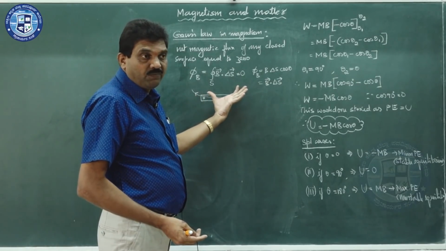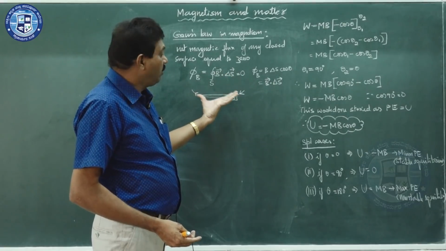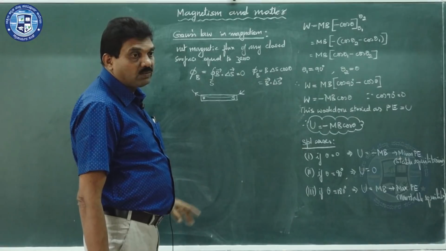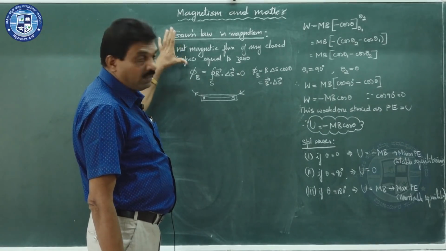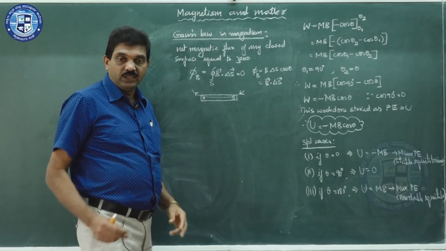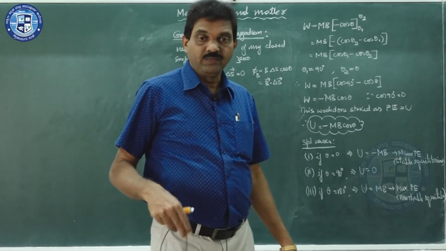The total magnetic field lines passing normally through the given area will be 0. That is why the net magnetic flux will be 0. This is the statement given by Gauss law.